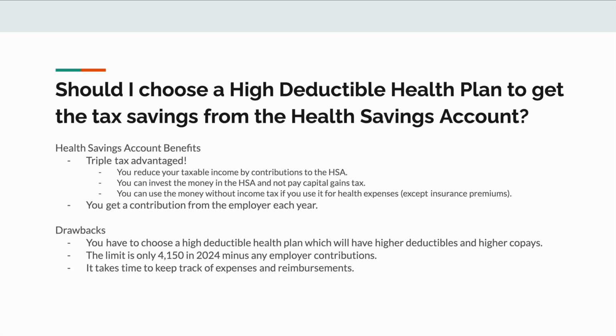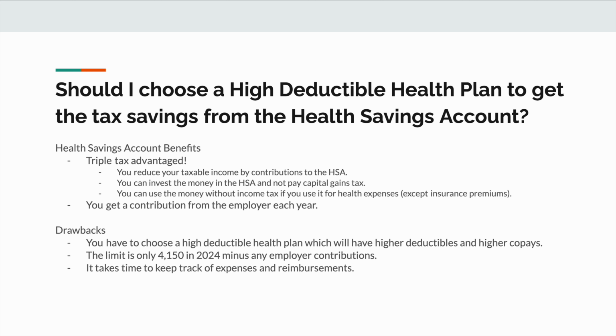It's the only thing that is triple tax advantage. Basically, you pay no taxes on the money that goes into this account, you don't pay any taxes on the capital gains from this money being invested, and you also don't have to pay any income taxes or others when you take the money out of the account and use it on health expenses.